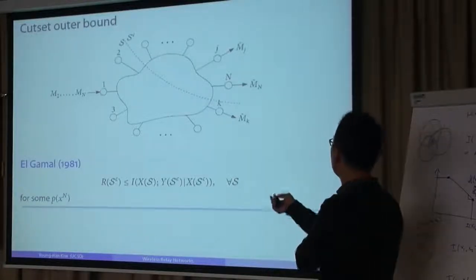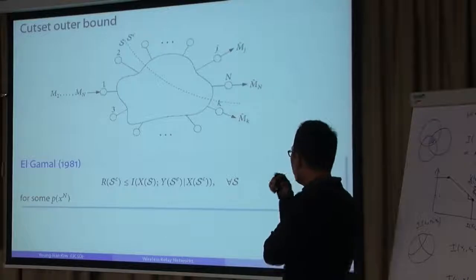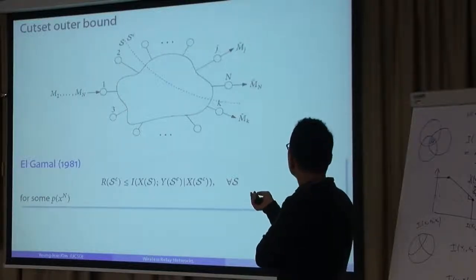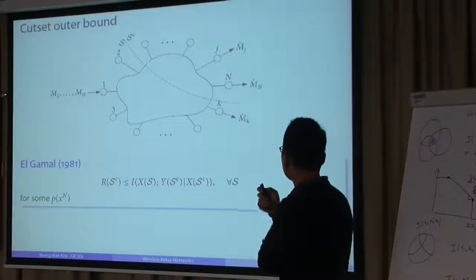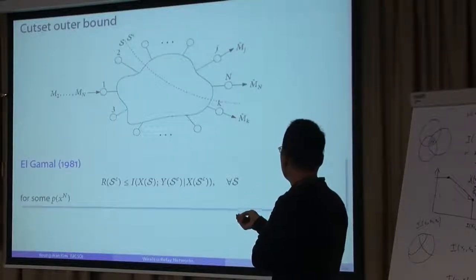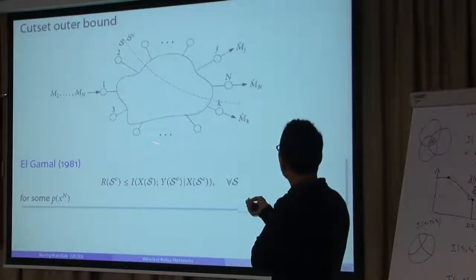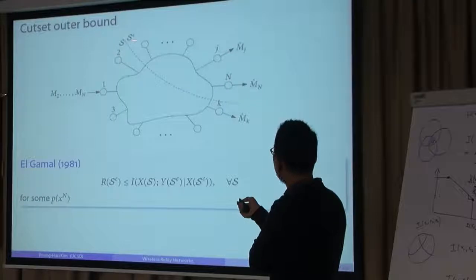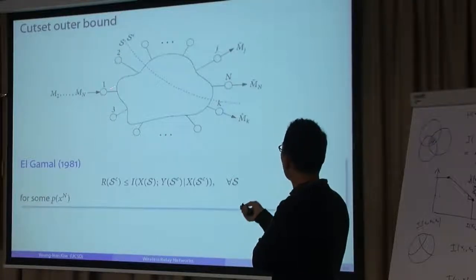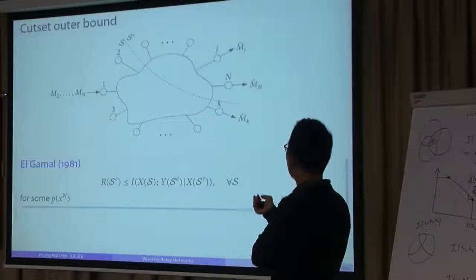So for this case, we have a dual expression for the capacity region. Here we'd like to again decompose the network into two pieces: the S part, which contains node 1, and the S complement part, which doesn't contain node 1.